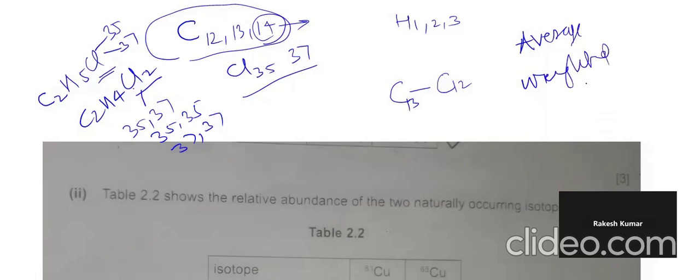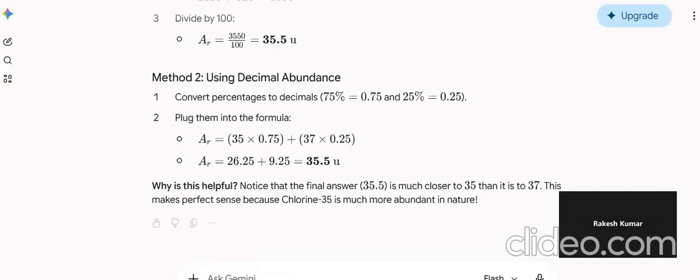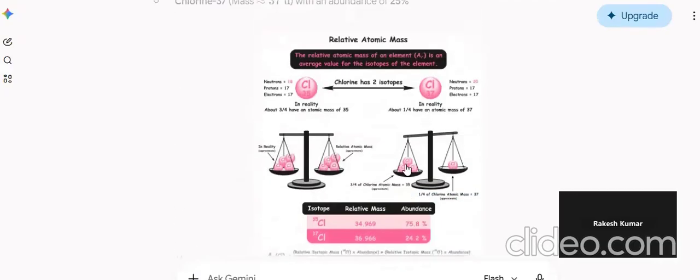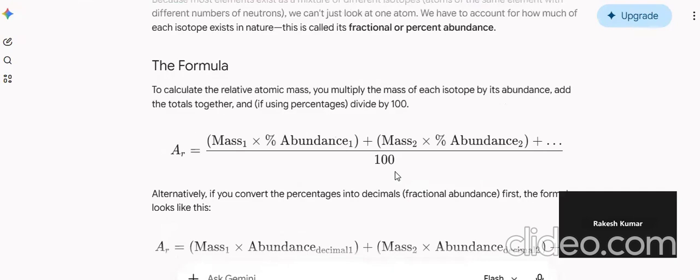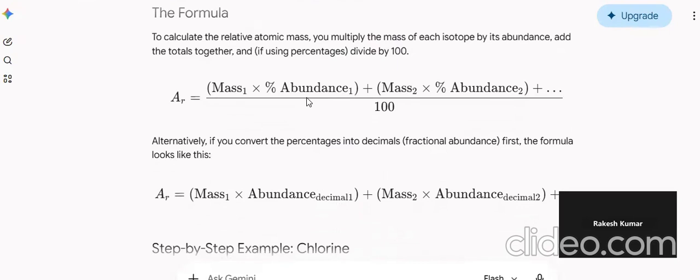What is weighted average? We give importance to the thing which is in more percentage. Supposing something is in less percentage, then we give it less importance. So the formula to calculate this is the mass into its percentage availability. This is the weighted average.